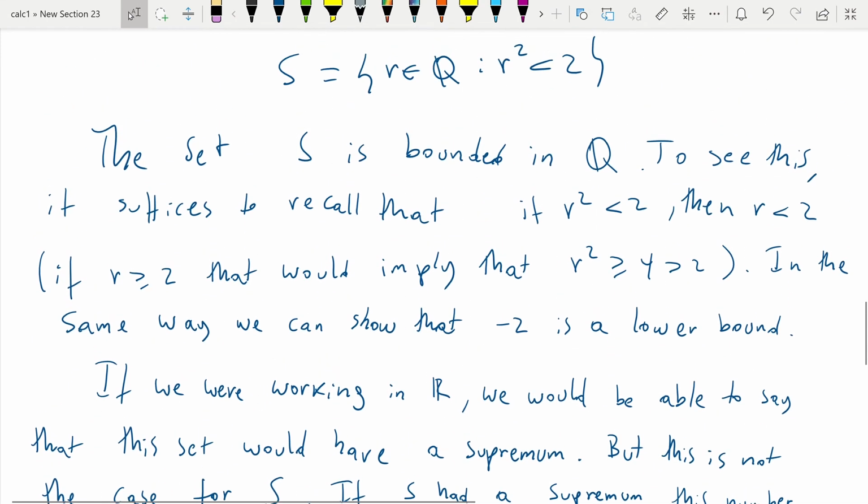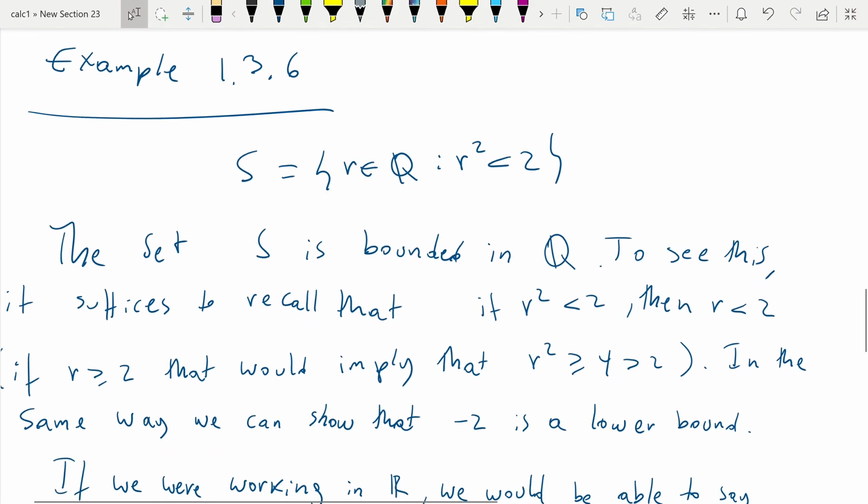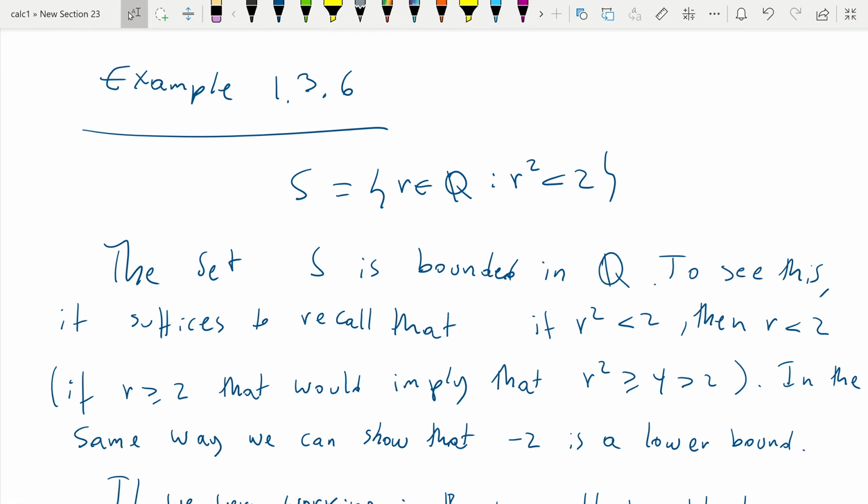Well, if you have an upper bound for this set, then r squared must be greater than or equal to 2, because of that, remember the whole discussion, if we have a positive number whose square is greater than 2, then there has to be an upper bound for S.